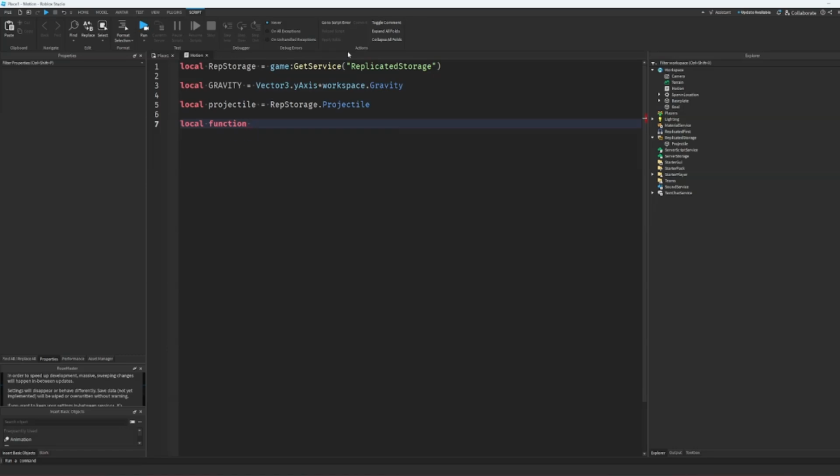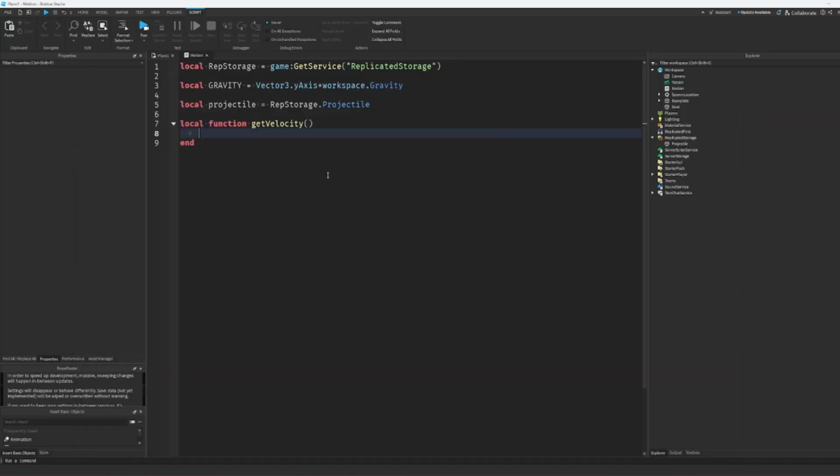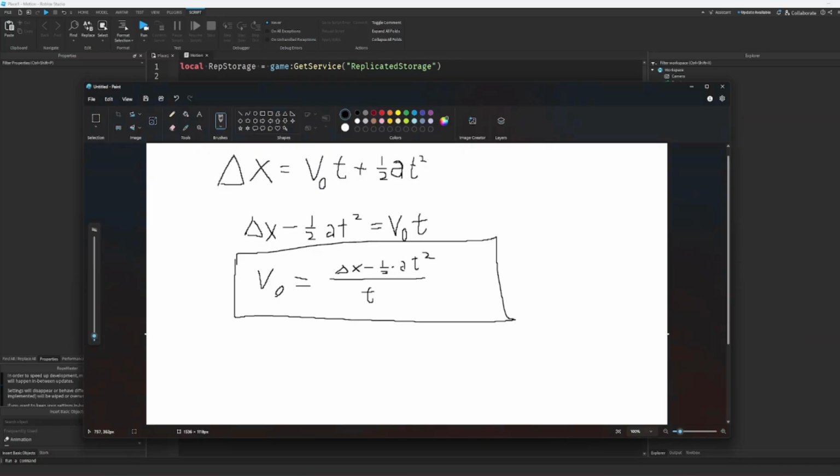Alright, so we're gonna make a function, and this function is gonna basically give us the velocity we need. So we're gonna call it getVelocity, and it's gonna have the parameters of x, acceleration, and time.